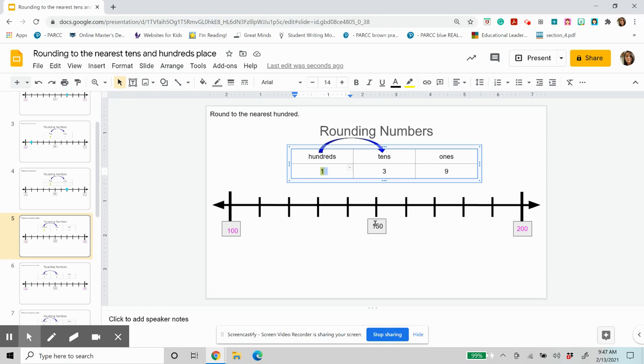If I'm telling you this is 150, this would be 110, 120, 130, 140, 150, 160, 170, 180, 190, 200. So again, there's that 3. We can ask ourselves, is 3 less than 5 or more than 5? Because that's going to tell you where on the number line it's going to be. It's less than 5, right? So it would be on this side of the number line.